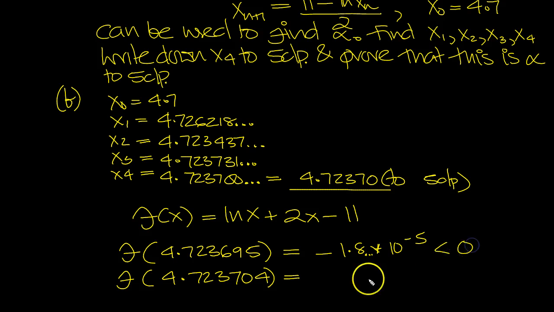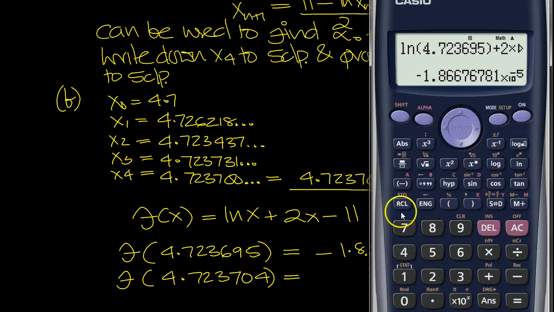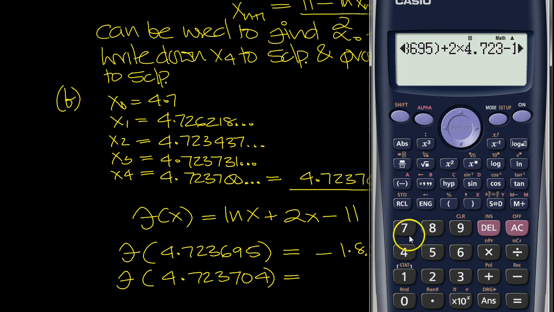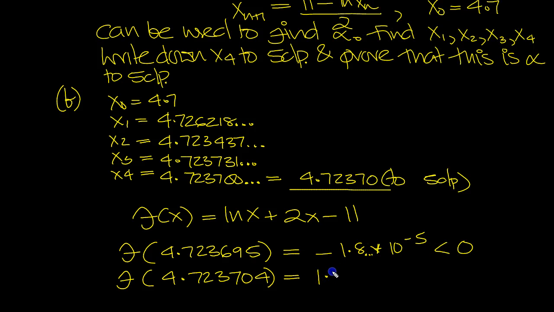That's less than 0. This one now, if we go back here and toggle back and change the 695 to 705 here and here, press equals: 1.2 times 10 to the minus 6, which is greater than 0.